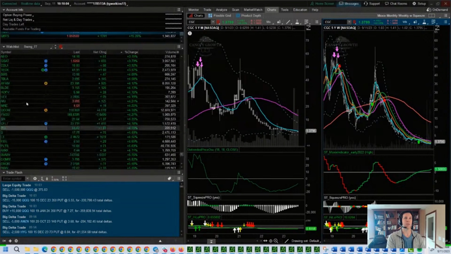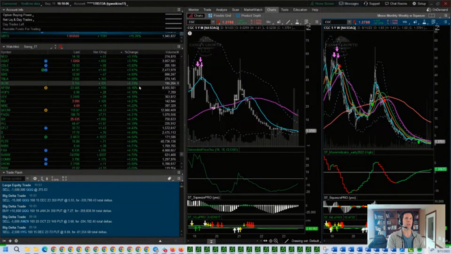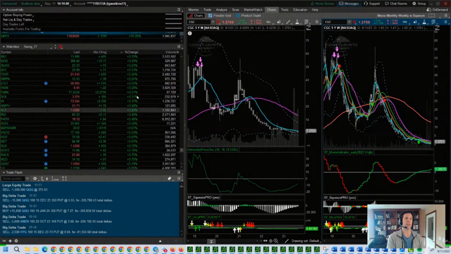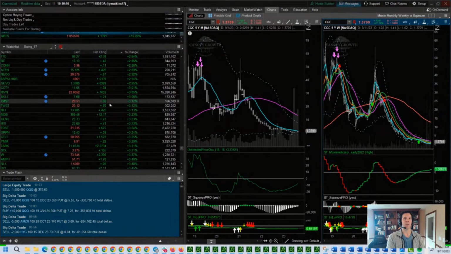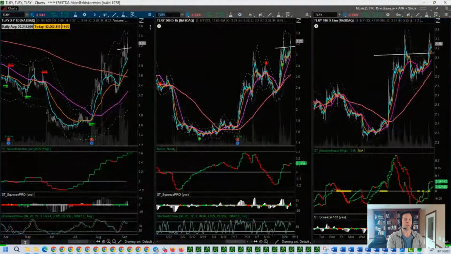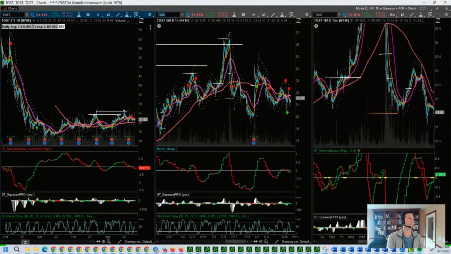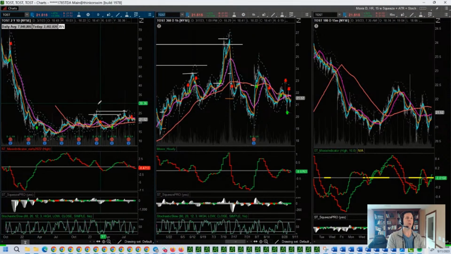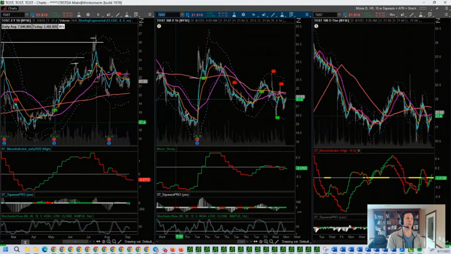Yeah, so cannabis having a good day today, and you can see what percent they're all up, and look at it that way. That helps tell the story. Toast, I think I just saw that. That's one of the names I've been looking at. Let's see what Toast is up to today. Yeah, and see, even though Toast is up significantly, like 4%, and it's high on that list of stocks that are up the most today, you then go look at the charts and you're kind of like, meh.